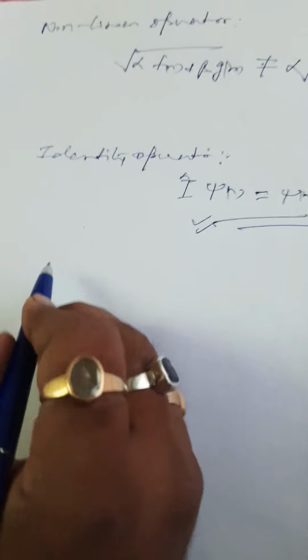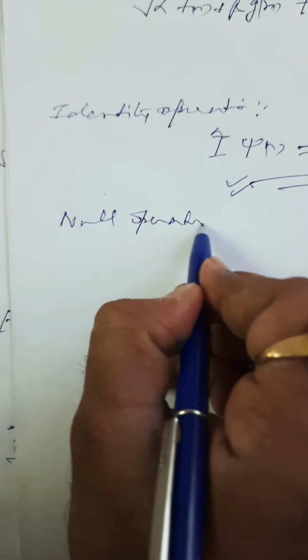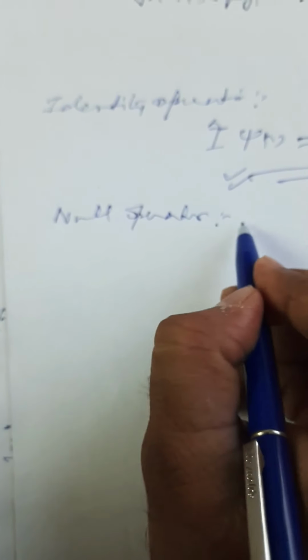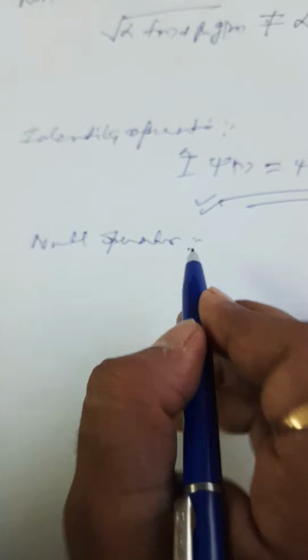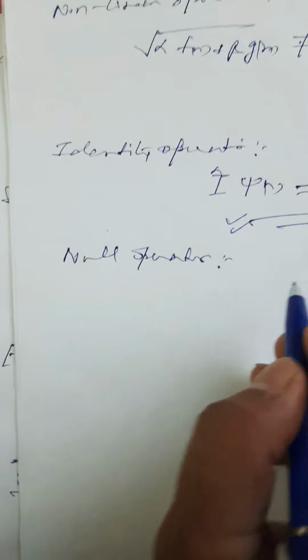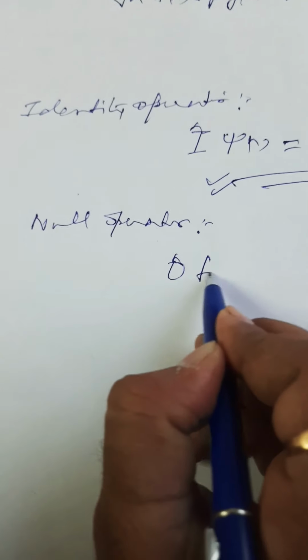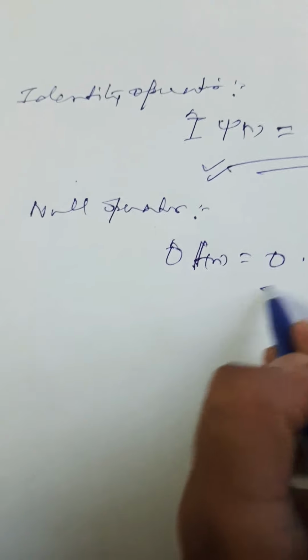Likewise, we have the null operator. The null operator signifies the multiplication of a wave function by 0, and hence annihilates the function, so we'll have the null operator on f(x) equal to 0.